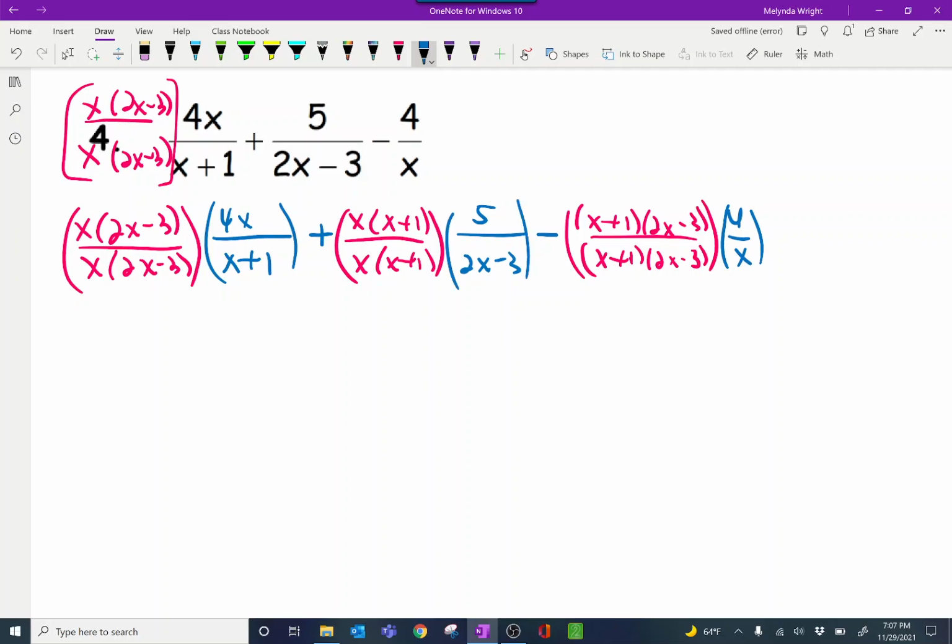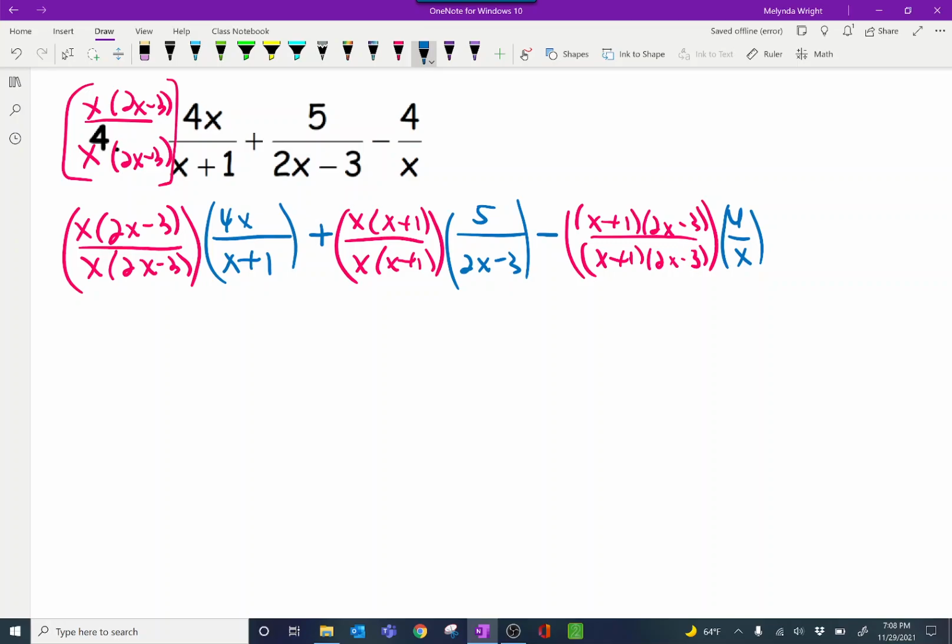Goodness gracious, there's a lot going on there. It looked kind of small and deceptively simple, but this one has got a lot of work going on. So let's do that strategy where we bring everything into one fraction. I mean, why not? Let's do that.